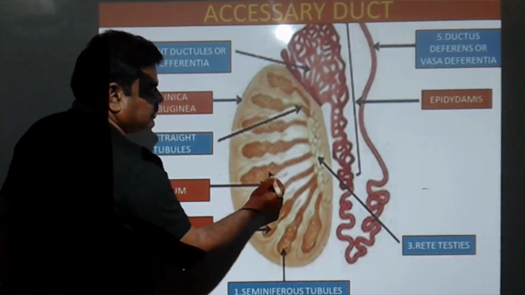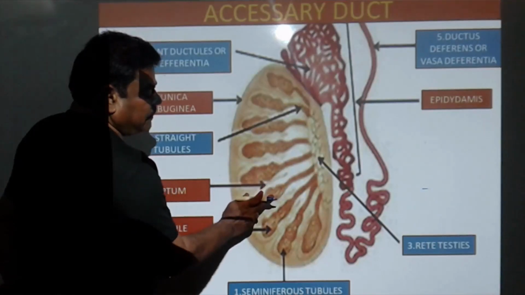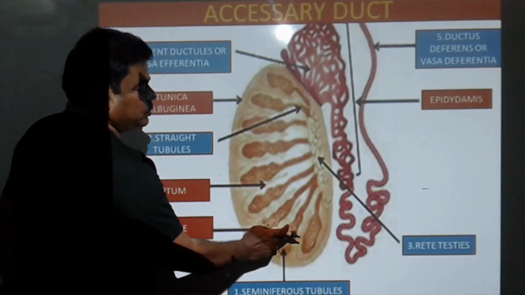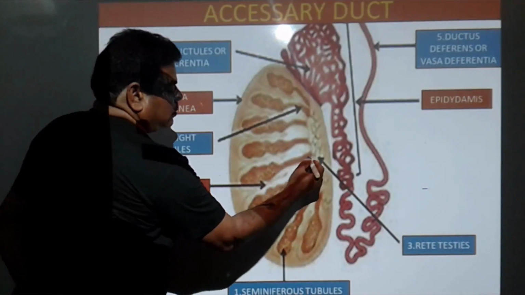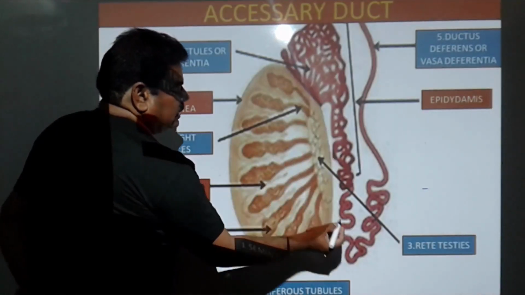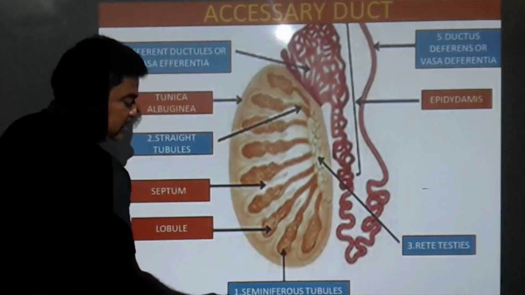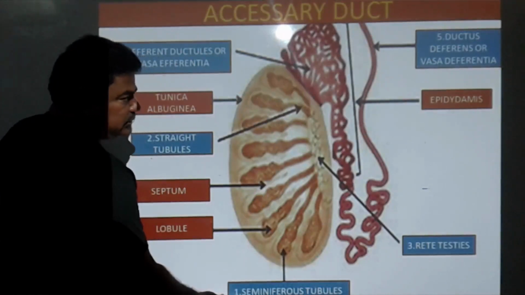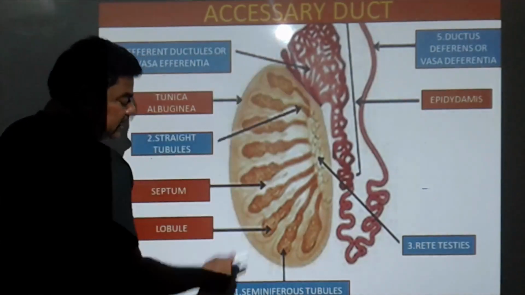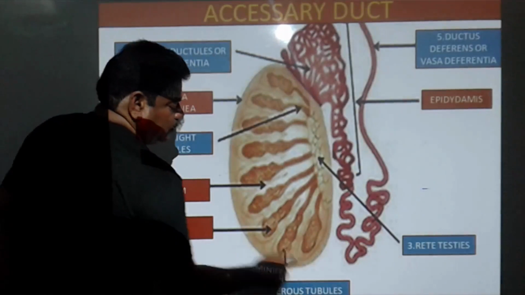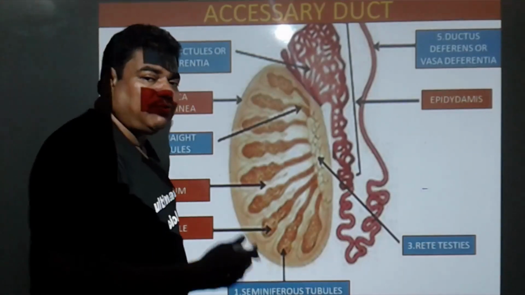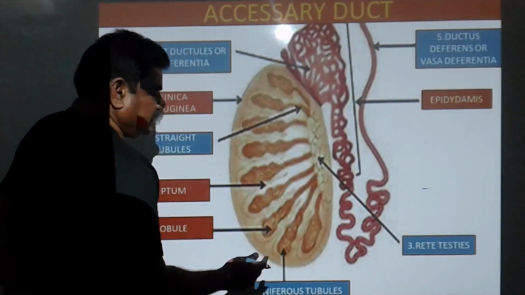These all are the seminiferous tubules. They are present here in compartments, the testicular lobules, and they emerge out in this portion, which we call the rete testis. So the first accessory duct is the seminiferous tubule, in which the sperm formation process takes place.